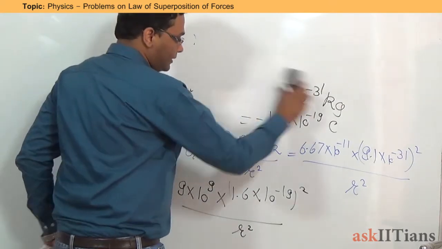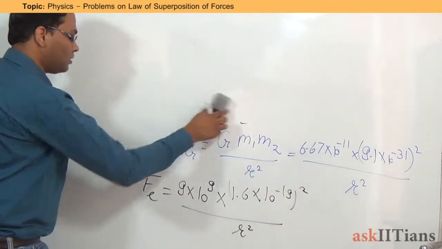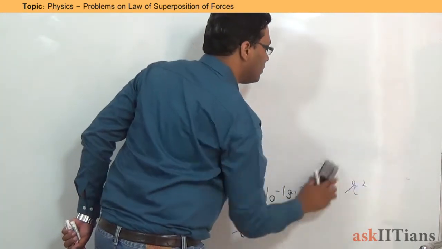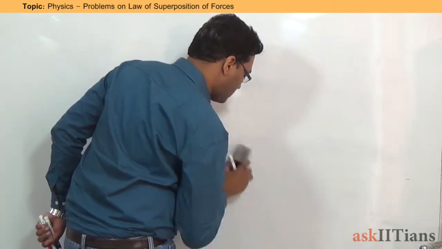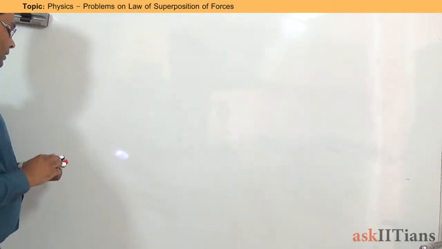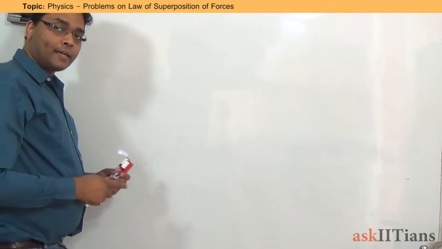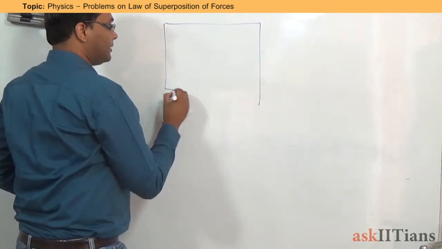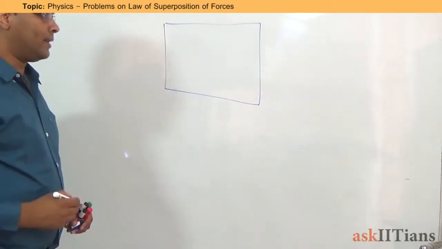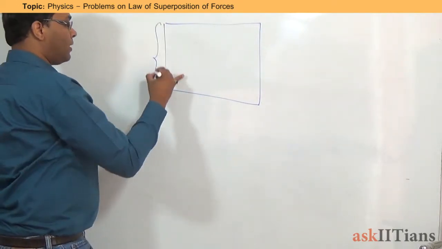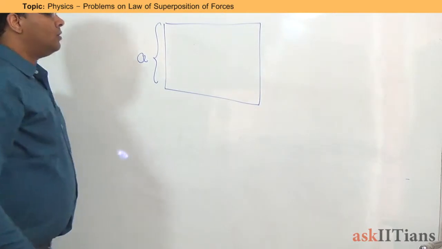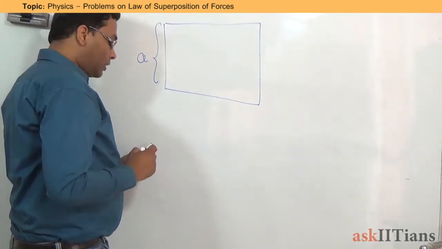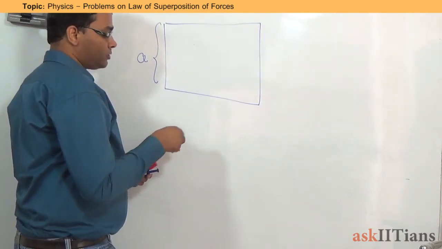Going over to the next question, supposing we are required to find out the net force. I am given something like this. So this is a square, let's say, of side A. Now I give it, at all the points, the same amount of charge.